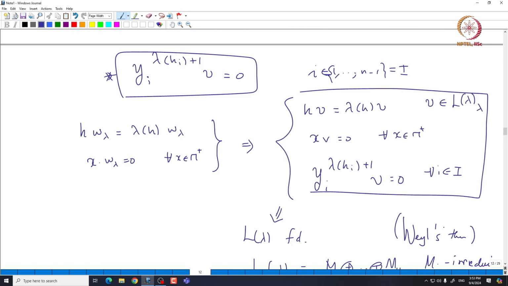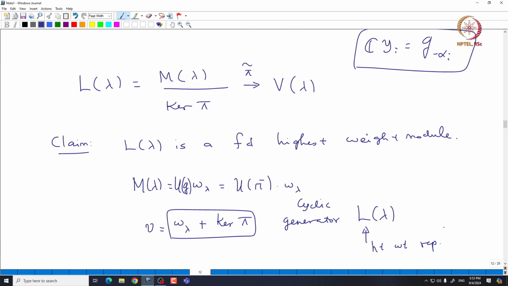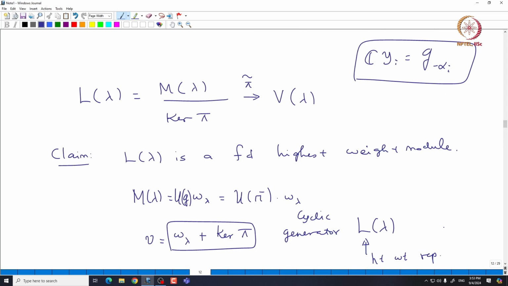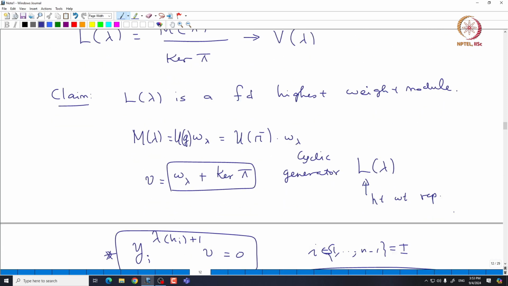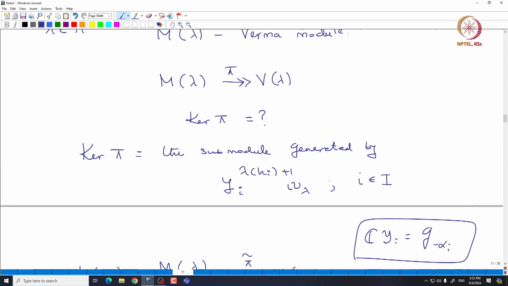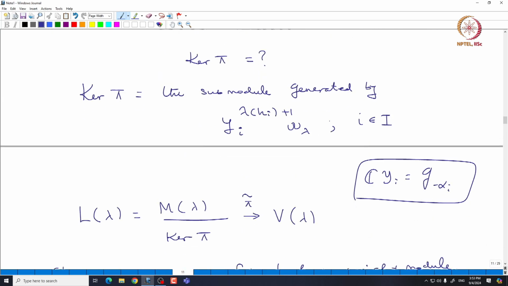So, this proves that if you go modulo this kernel, which is a submodule generated by this yi power lambda of hi plus 1 w lambda, let us call this W lambda, then this is exactly V of lambda.